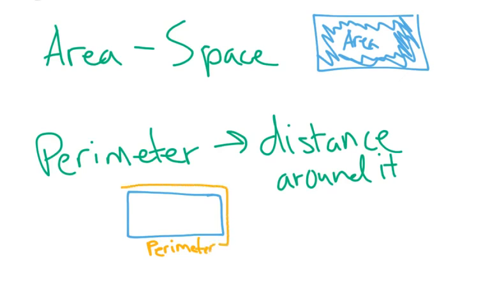If you had a piece of string to go around a shape, that is its perimeter right there. So later we'll get into solving some problems, calculating area and perimeter, and then doing problem solving with area and perimeter. Next though, let's talk about shapes.